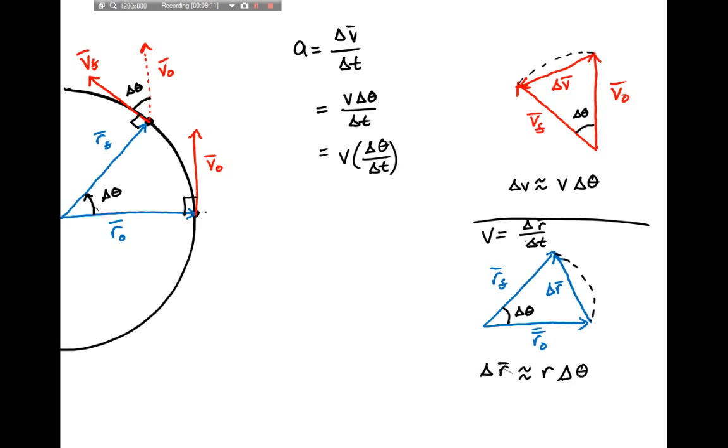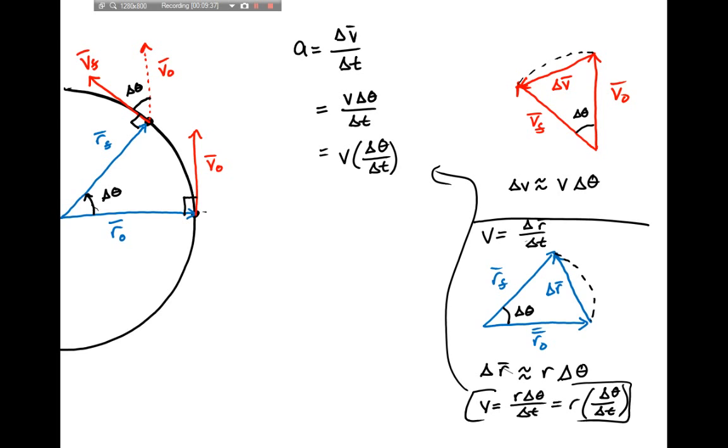So if I plug this into the formula for v, I see that v is equal to r delta theta over delta t, or if I factor out the r, it's r times delta theta over delta t. So delta theta over delta t is equal to v divided by r. So if I plug this into my formula for acceleration, I get v times, and then we say delta theta over delta t is equal to v divided by r.